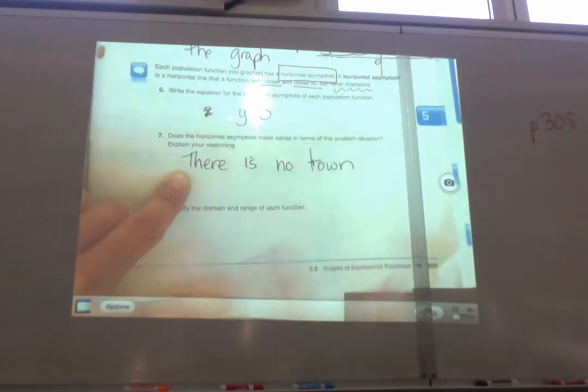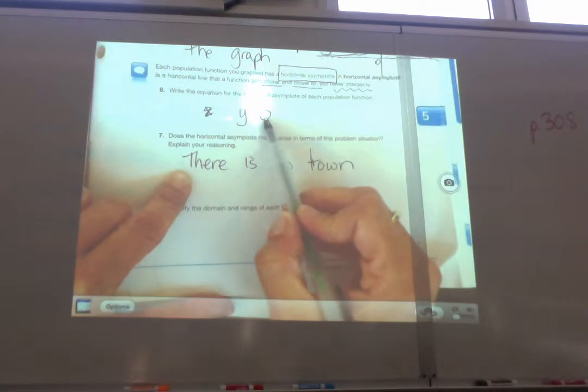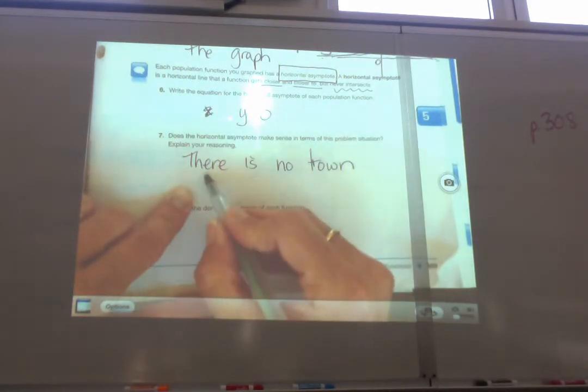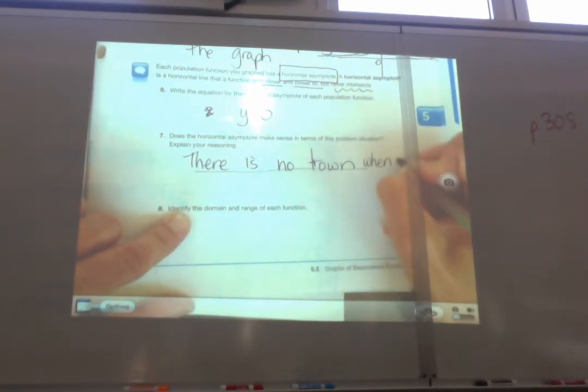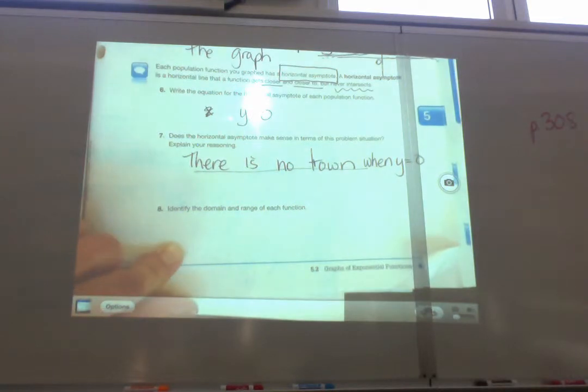So you had to have somebody there. And in terms of downtown, is everyone going to move out? Well, if it never gets to 0, then they never all move out. So there is no town when y equals 0.